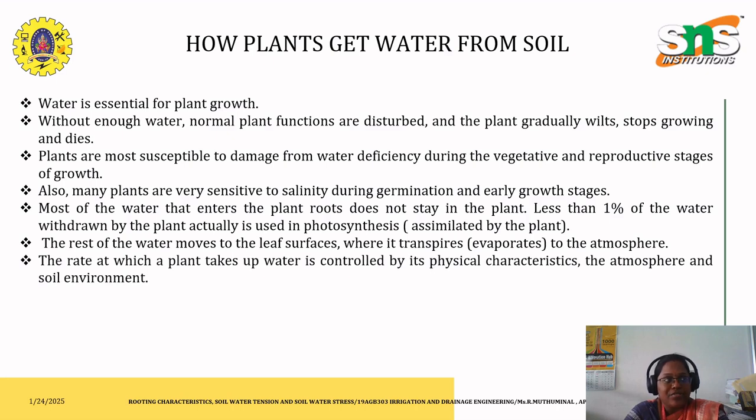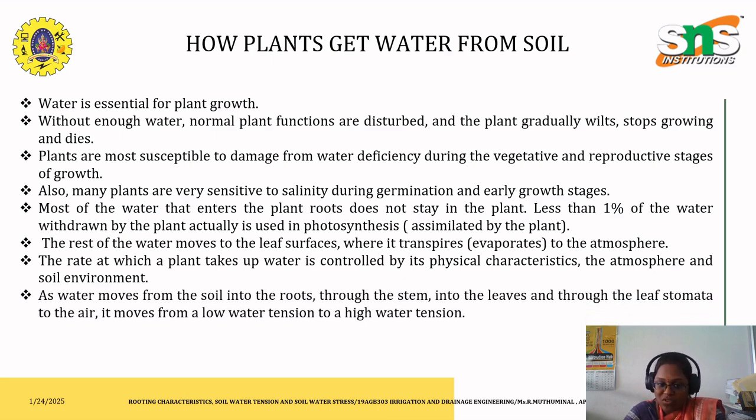The rate at which the plant takes up water is controlled by its physical characteristics, atmosphere and soil environment. That means the atmosphere, soil environment and physical characteristics are interrelated, so the water absorbed by the plant is in a very controlled nature.